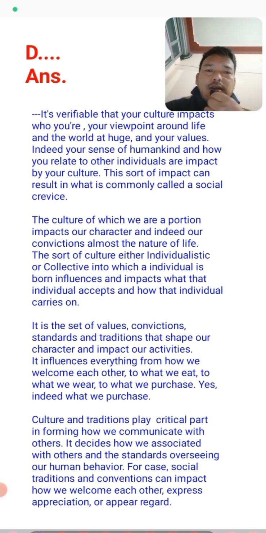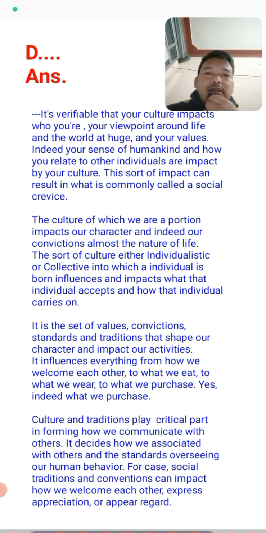Number D. Yes, students, culture may have various impacts on lifestyle. It's evident that culture impacts who you are, your viewpoint on life and the world, your attitudes and your values. Indeed, your sense of humanity and how you relate to other individuals are impacted by culture.